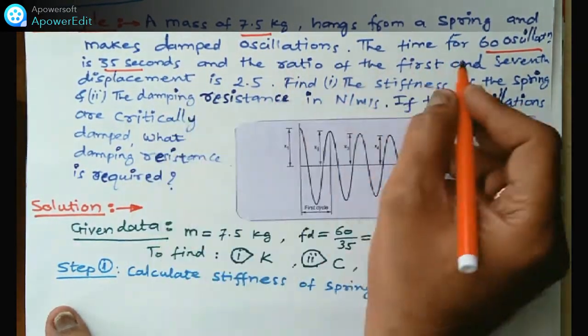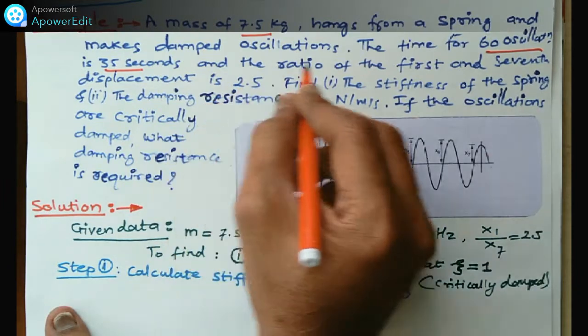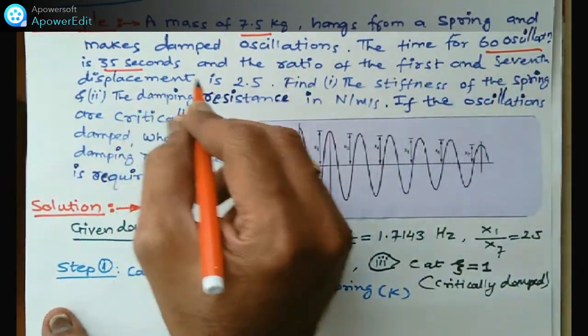The frequency we can calculate from this, and the ratio of the first and seventh displacement is given.